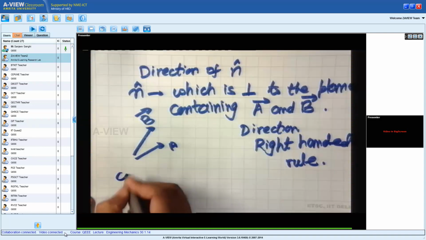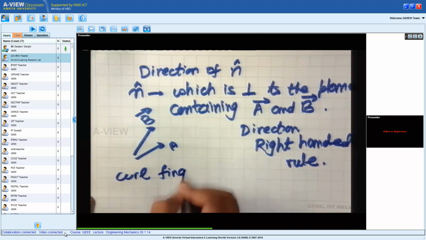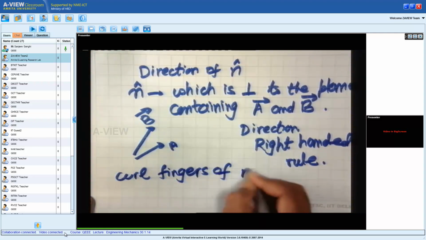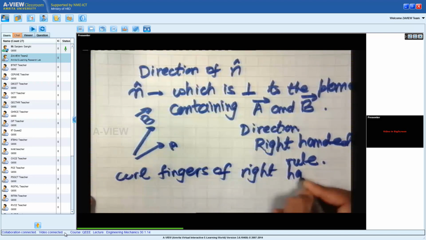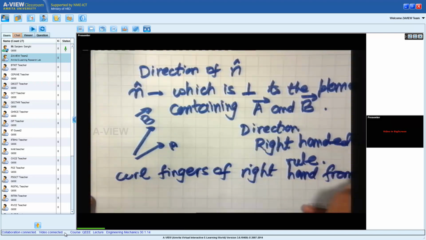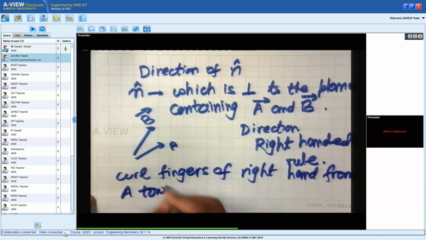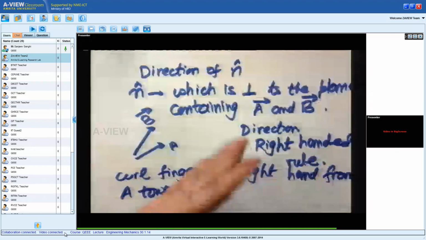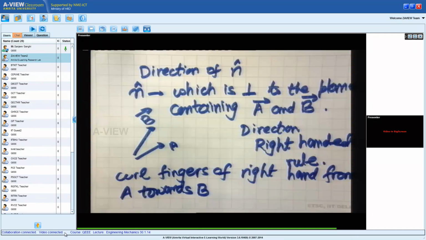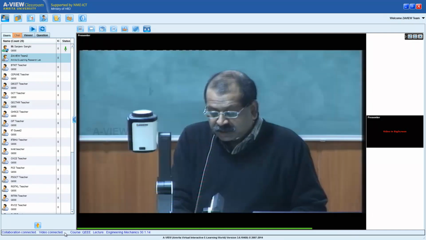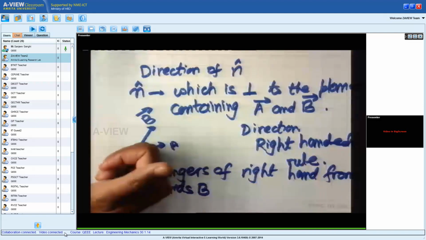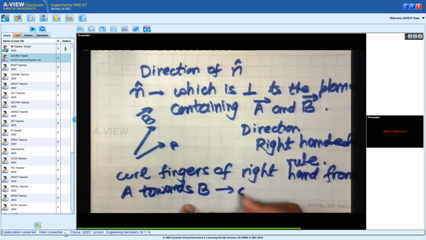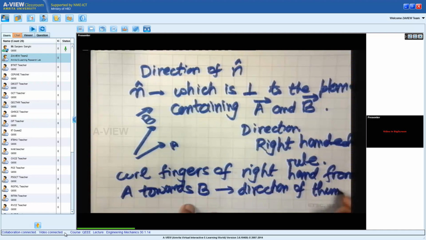So curl fingers of right hand from A towards B using the smaller angle. Of course, this is in the direction of theta, not 360 minus theta. So we move from A to B, and the direction of thumb gives the direction of n.